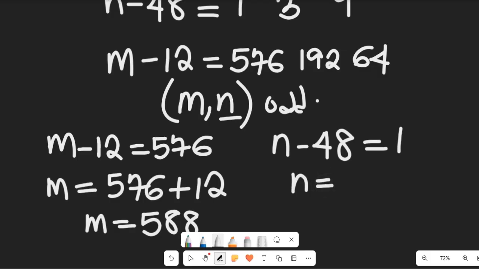Then n will be equal to 1 plus 48, then n will be equal to 49.